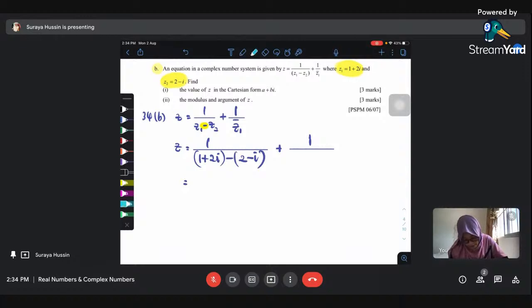Okay, sekarang ni ada juga yang PM saya dan dia rupa-rupanya typo. Dia typo, dia tak perasan ni ada conjugate. Conjugate Z1, okay? Conjugate Z1 adalah 1 minus 2i. Okay, conjugate. Remember, this is conjugate. So, you have to be very careful, extra careful.